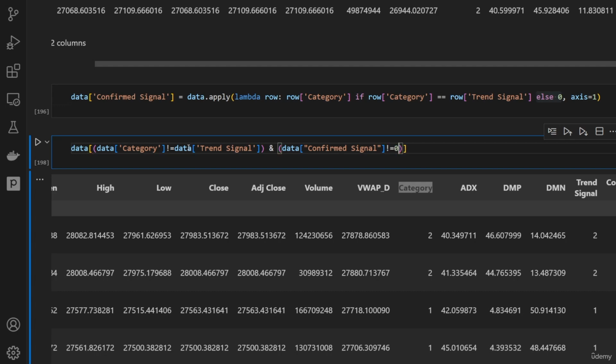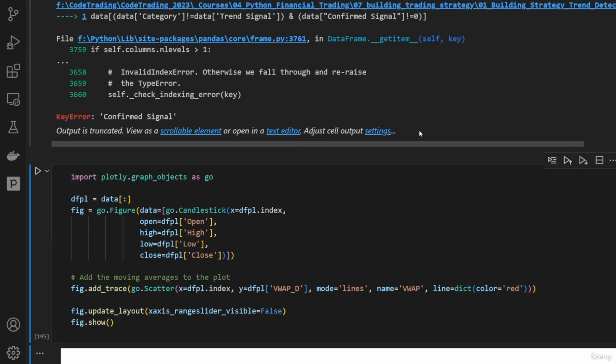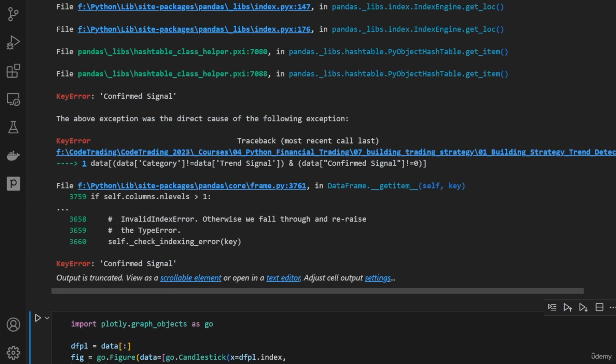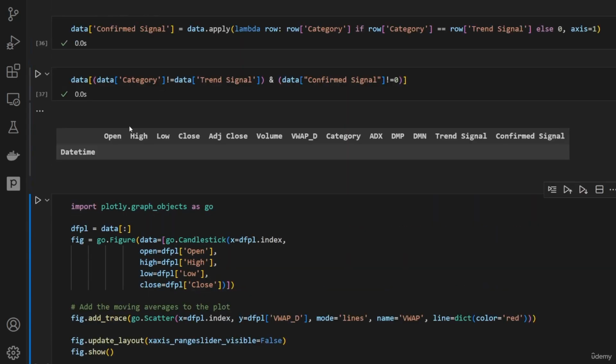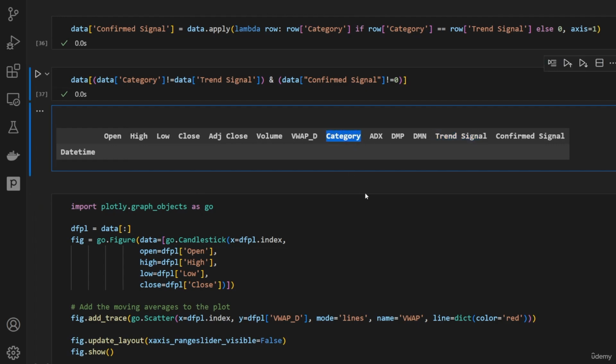So we're looking for rows where we didn't have a confirmed signal between category and trend signal. So these were different, but at the same time, we had a confirmed signal that is different than 0. We shouldn't have any if everything is working properly. And that's correct. So if we run both of these cells, we get nothing here because we shouldn't be having any signal if the trend signal and the category are not the same.